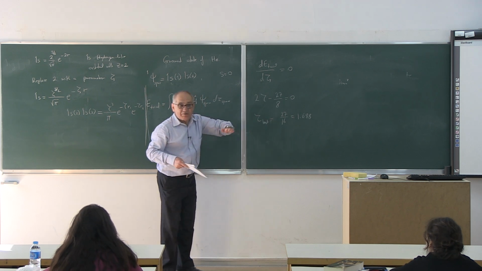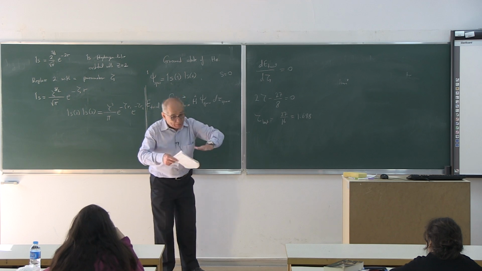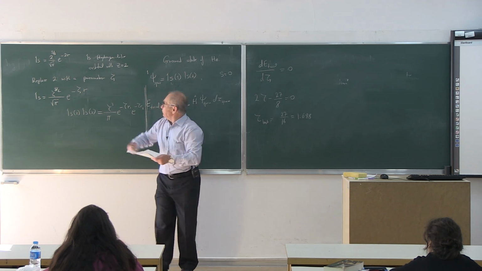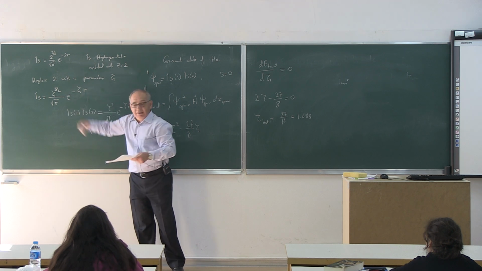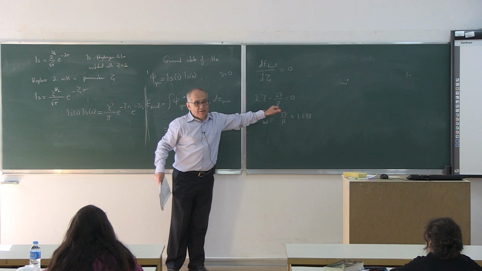This value is going to give the lowest value, and we know that this lowest value cannot be lower than the exact ground state energy. Therefore, with this functional form, this is the best value for zeta.